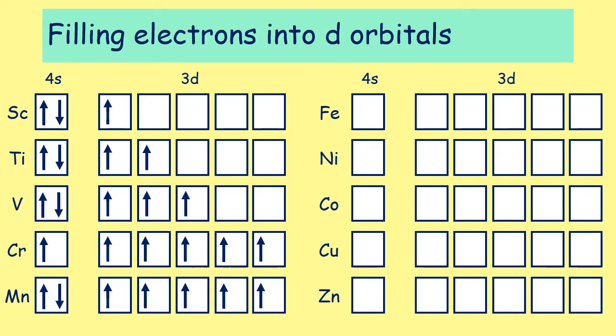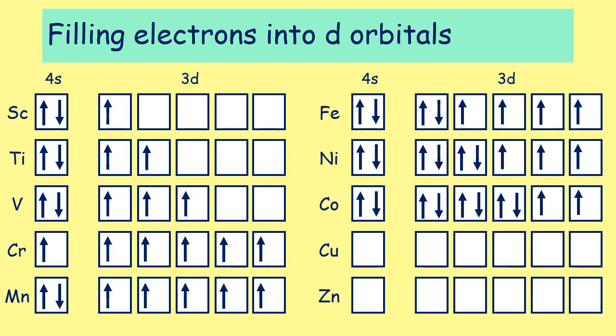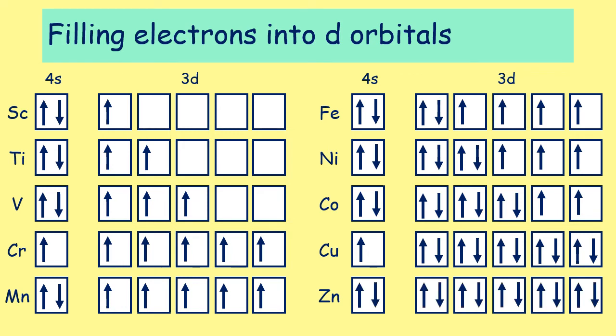Iron, nickel and cobalt just go as normal. You start pairing up electrons within the d orbitals. Copper, again, it's one of the exceptions to the rule like chromium, where it's going to take one of the electrons from the 4s orbital so that it can completely fill the 3d orbital. And then zinc has all the 4s and the 3d orbitals completely filled with electrons.